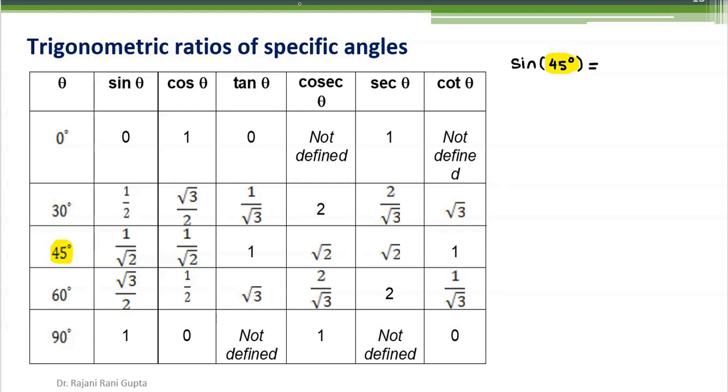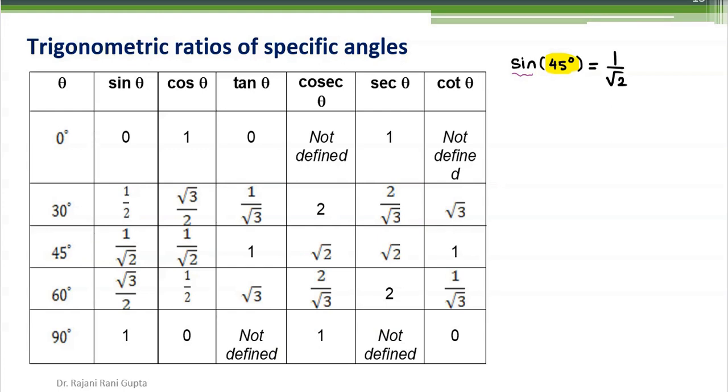Then what you need is sine. So check where sine is. This is sine. It means we need to look across this row and this column, where it intersects. If we go down and here, we get the value 1 over root 2. So this is the value of sine 45 degree. We can write it as 1 over root 2. Clear?